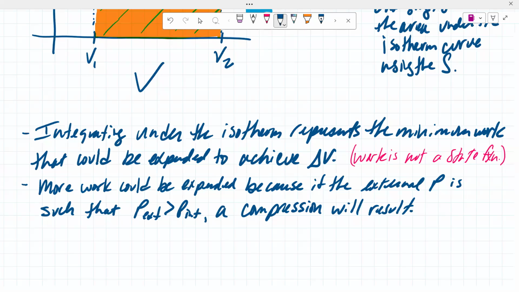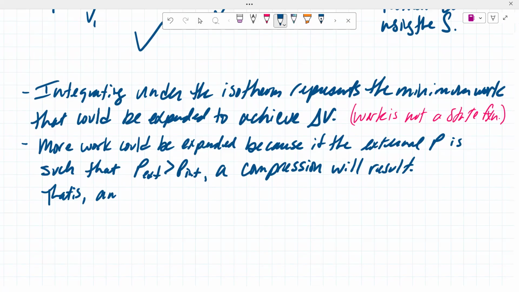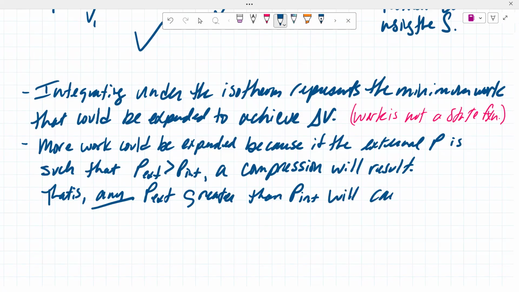That is, any P external greater than P internal, it's an imbalance, right? It's gonna move. It will cause a compression, all else being equal, of course.